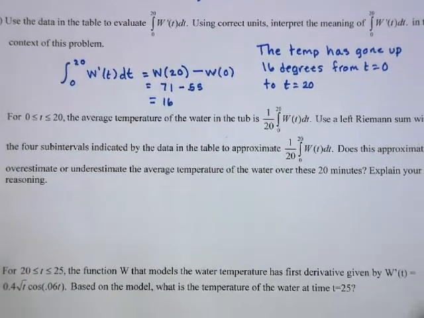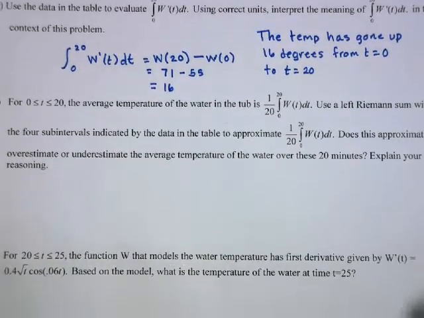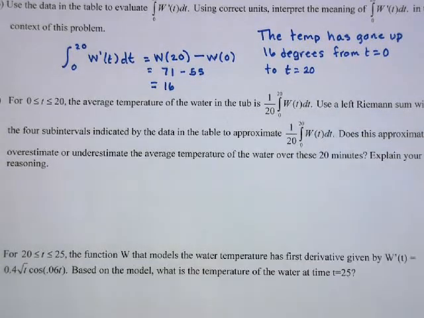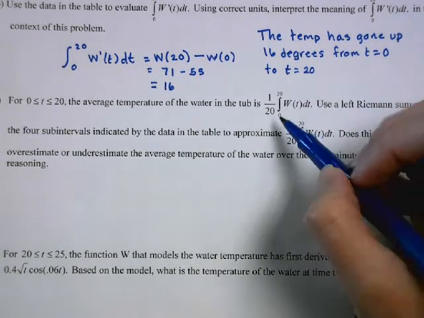For the next one, for 0 less than t less than 20, the average temperature of the water in the tub is 1 over 20 times the integral from 0 to 20 of W of t. Use a left Riemann sum with the subintervals indicated by the data in the table to approximate the average temperature. So let me explain this a little bit.